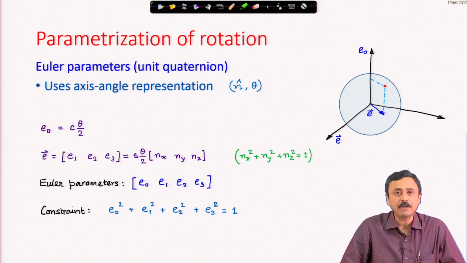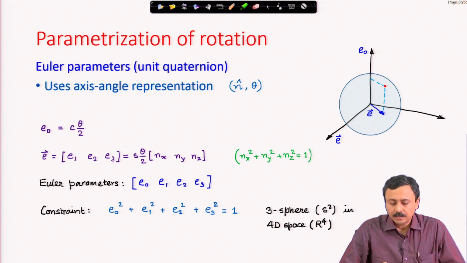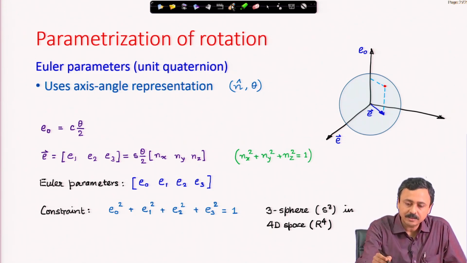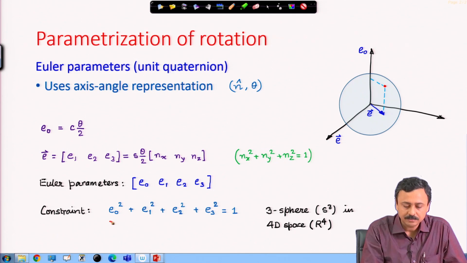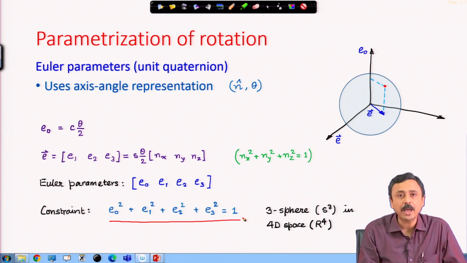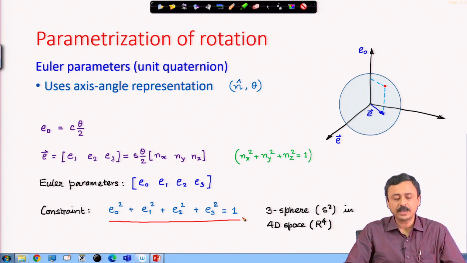Therefore, finally, even though we have 4 parameters, we ultimately have only 3 parameters which are independent. But this 4 parameter representation is very useful because it avoids singularity in representation. Now, this is an equation of a sphere in a higher dimensional space. In a 4 dimensional space, this is a sphere, just like in 3 dimensional space, x square plus y square plus z square is r square is a sphere.